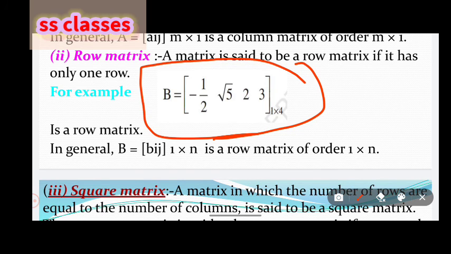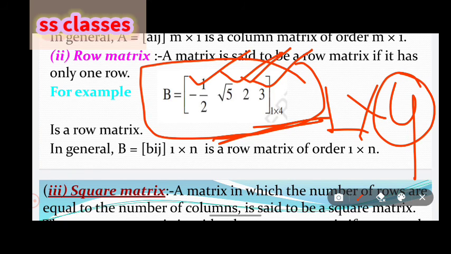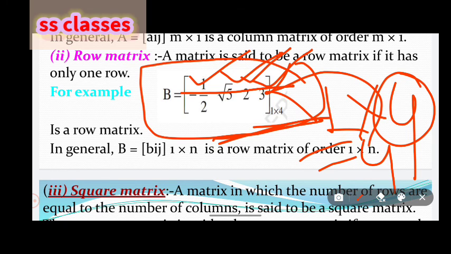This is called a row matrix. Its order is 1 into 4, that means the columns are 1, 2, 3, 4, and there is only 1 row. This matrix order is 4.